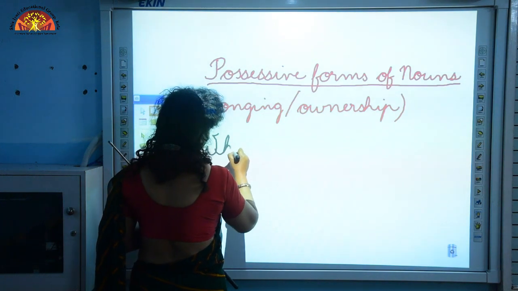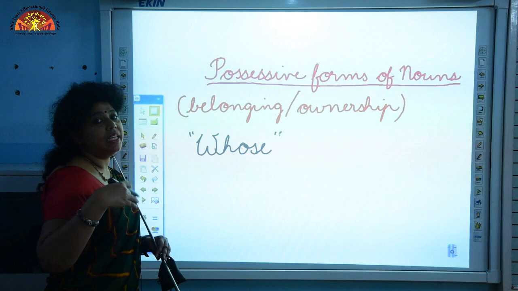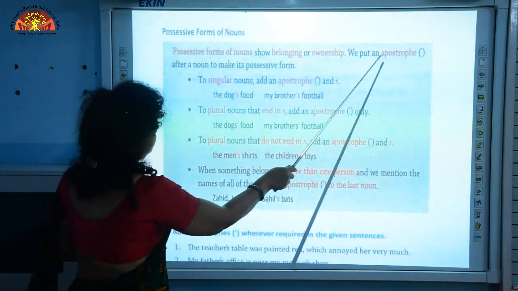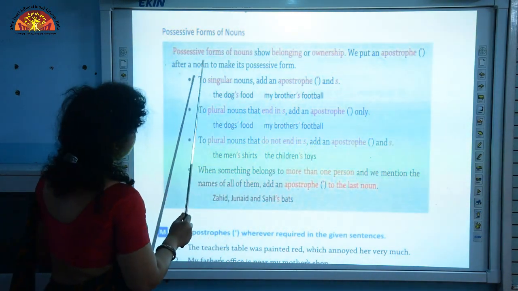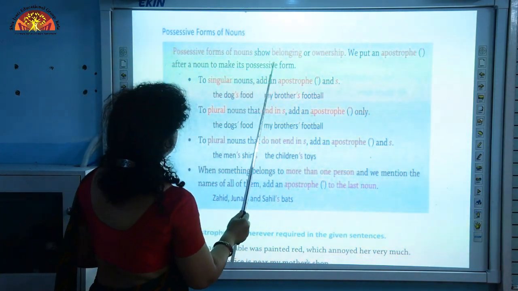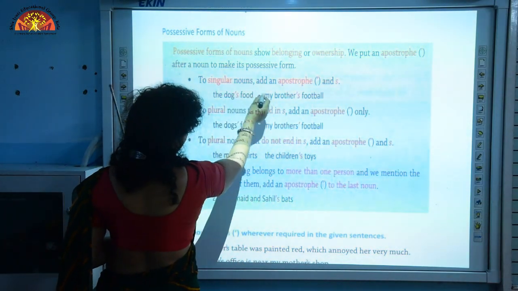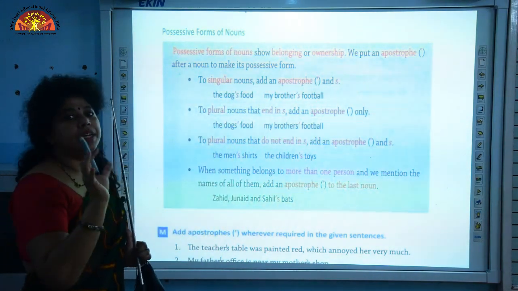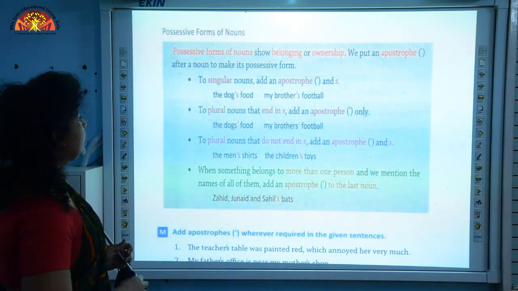If I say, whose shoes are these, we say it is my sister's shoes. We put an apostrophe after a noun to make its possessive form, to indicate that a particular thing belongs to this particular noun.